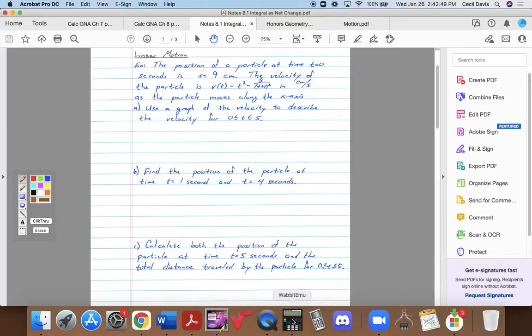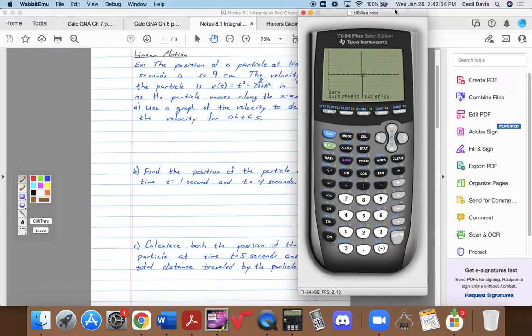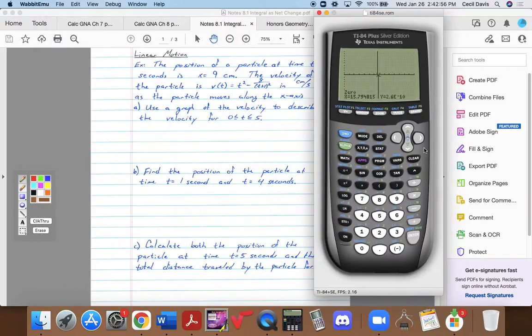All right, so grab your calculator. I got to clear a whole bunch of stuff out that I did this morning. So we'll have x squared minus, I like to use the fraction bar.